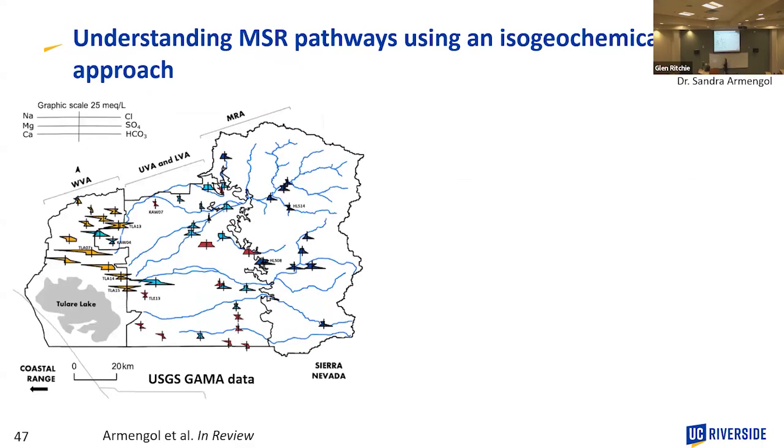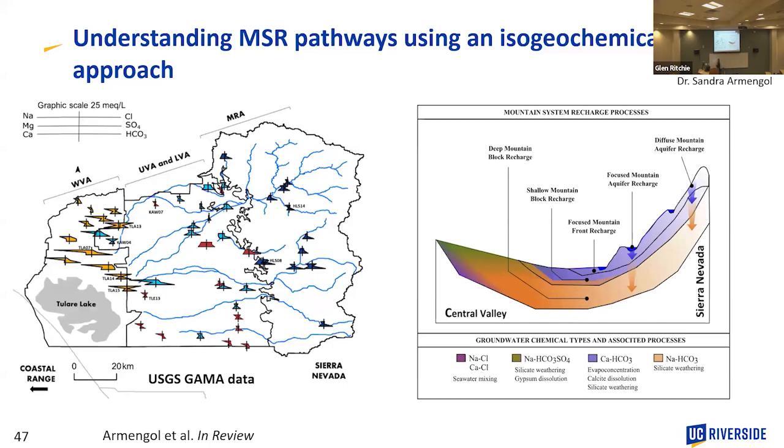So therefore, I hired a postdoc, Dr. Armengol. She's a geochemist, and we started looking at a network of observations, groundwater chemistry data across a number of wells in the Kaweah River watershed and the one next to it, the Tule River watershed. Using the chemistry data, we tried to identify what are the main flow paths that are coming from mountains to the valley aquifer.